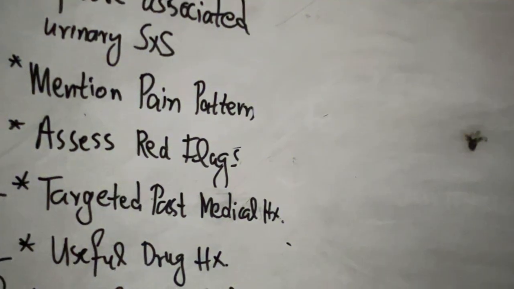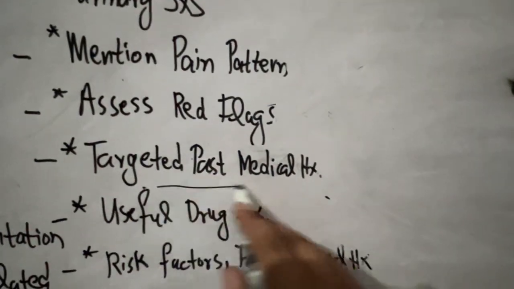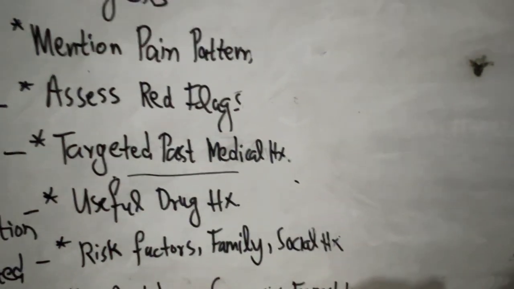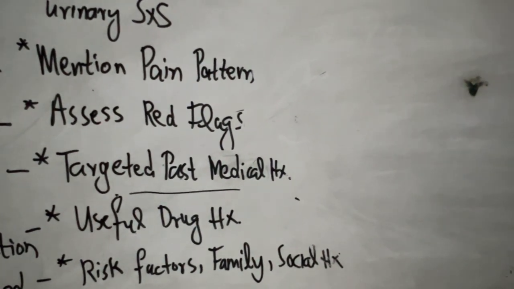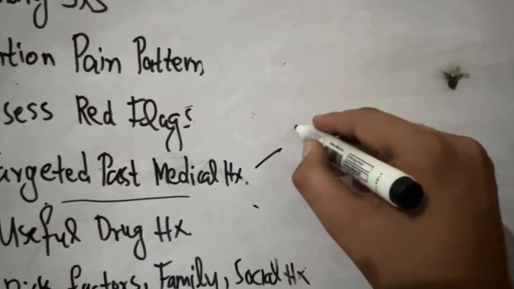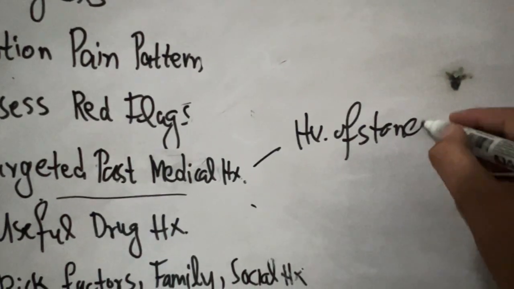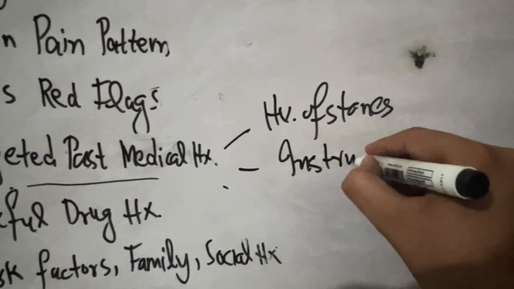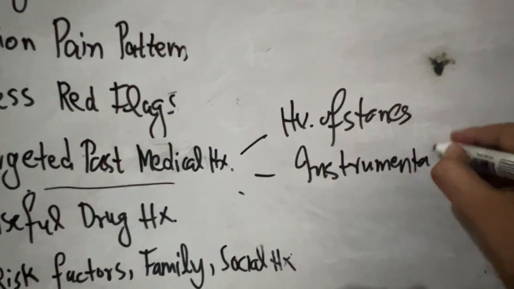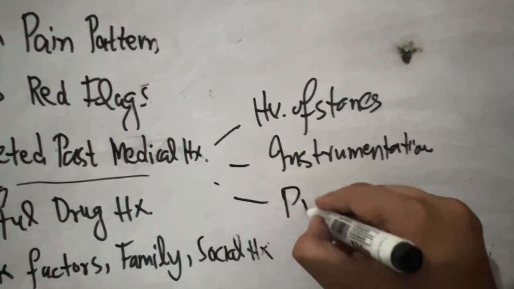Then after the red flags, there will be targeted past medical history and any surgical history. We will ask about any previous history of renal stones, any instrumentation like Foley's catheterization, and any previous cancer.